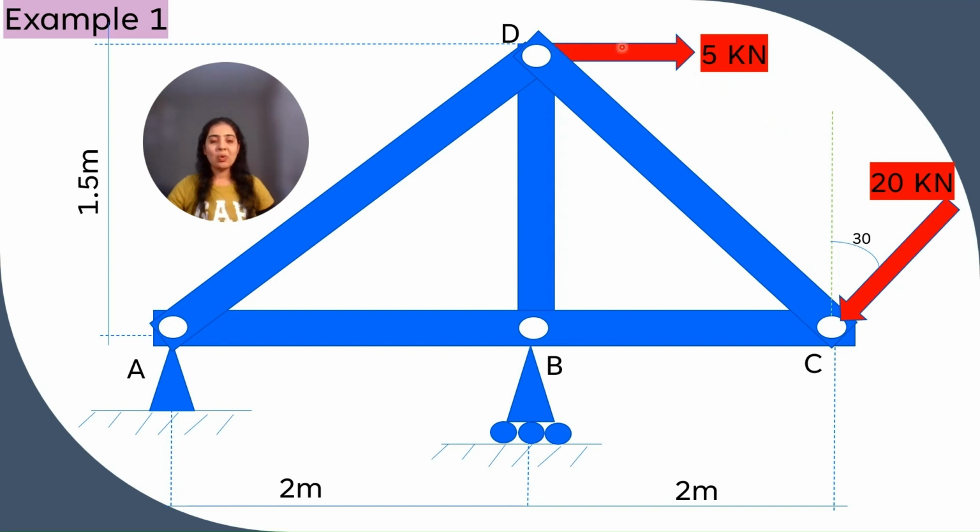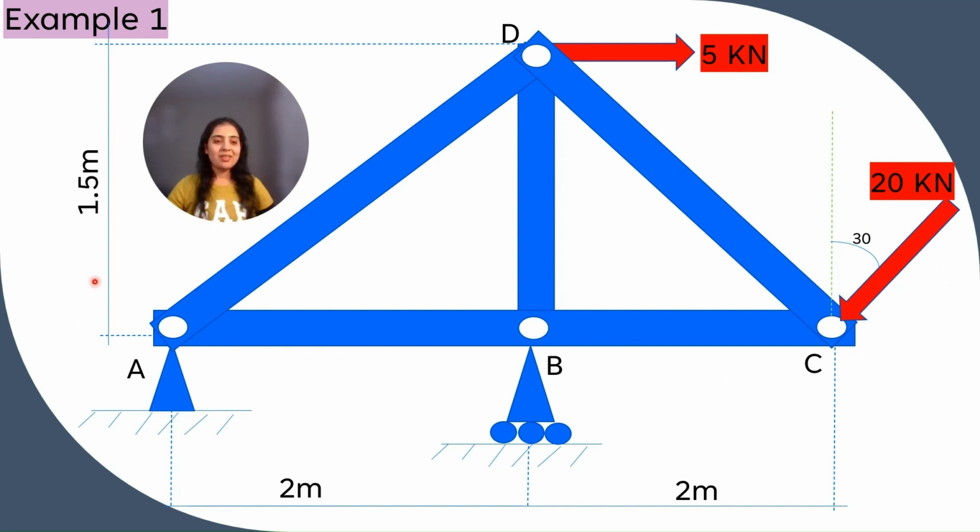A joint load of 5 kN is applied at joint D and an inclined load of 20 kN is applied at joint C. In the beams video on linear load, we have seen how to simplify this inclined load. Watch that video before.